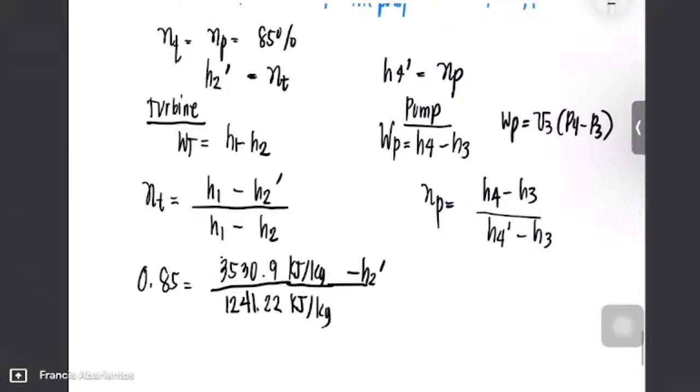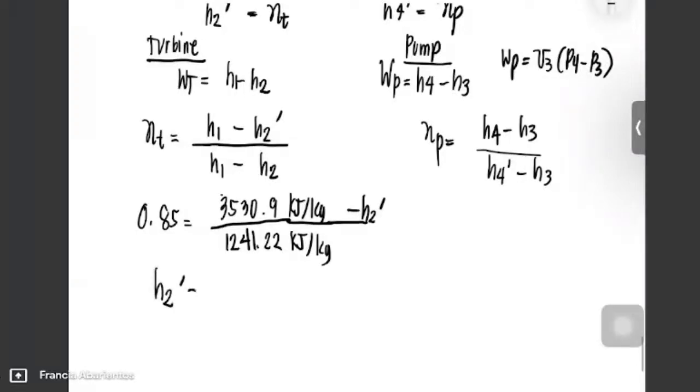H2 prime. What is now your H2 prime? This is equivalent to work of the turbine. Plus your H2 prime. Ayan. 3530.9 minus alpha X. What is now your X?